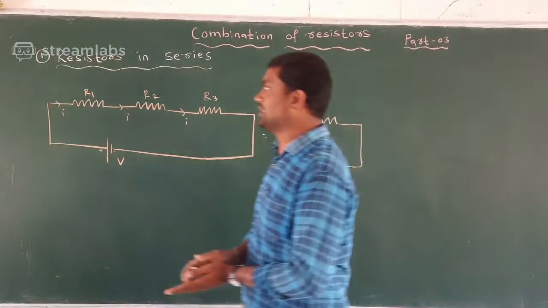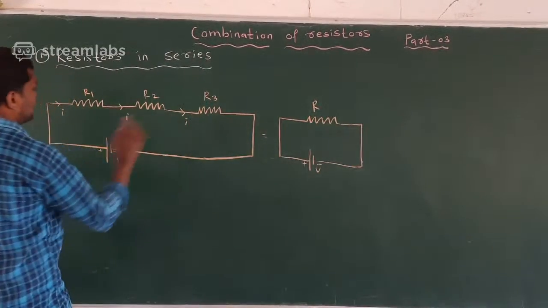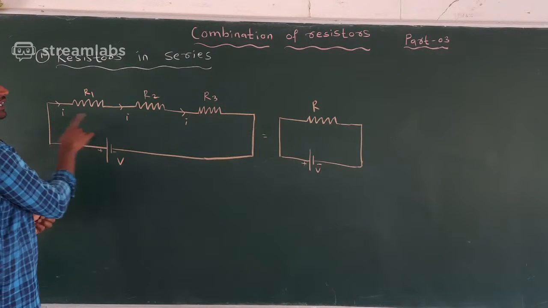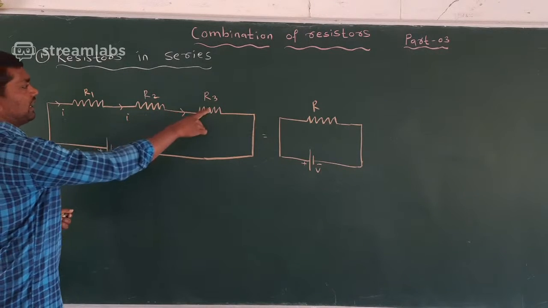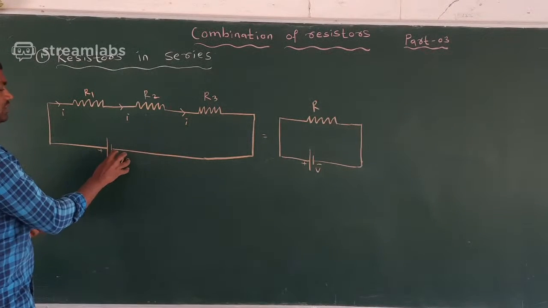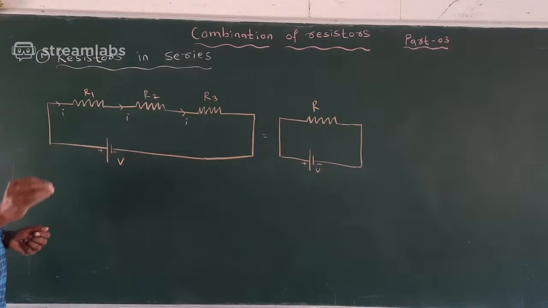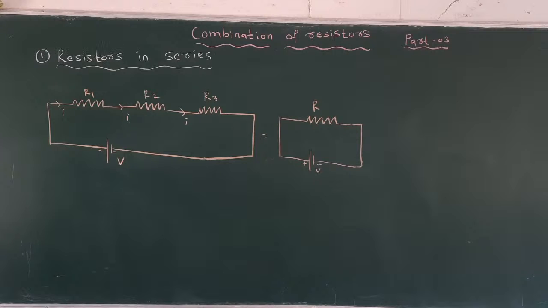So we can take the three resistors R1, R2, R3. The electric current passed through R1 will be I, through R2 will be I, and through R3 will be I. So we can connect all the resistors across a voltage source, represented by V. So in series combination, the electric current will be the same.